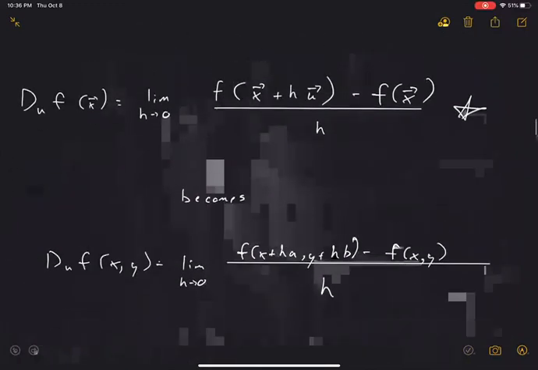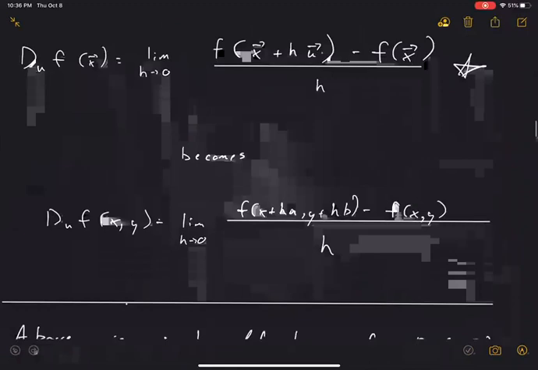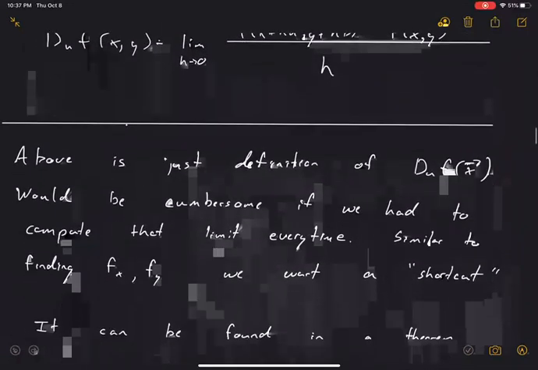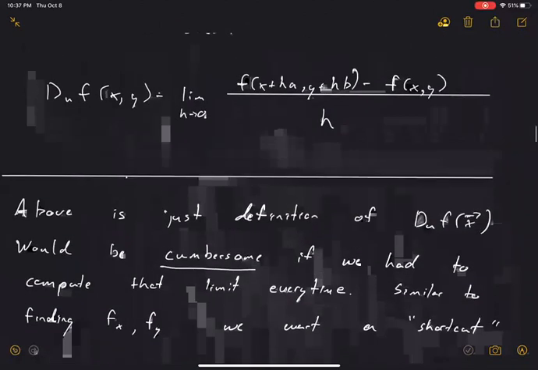So that's the definition of the directional derivative, but it doesn't tell us how to calculate it. It would be cumbersome if every time we wanted a directional derivative we had to compute a limit. Just like in the single variable case, that limit definition is not how we actually compute derivatives.